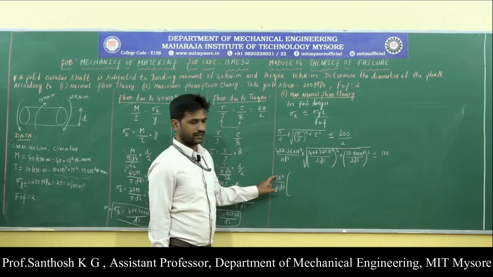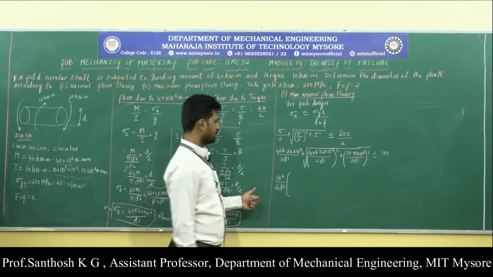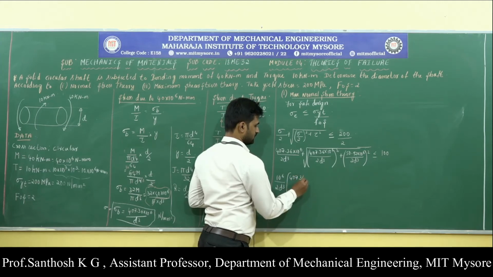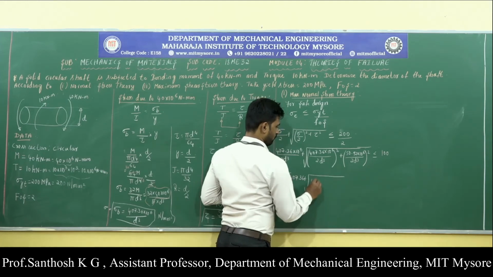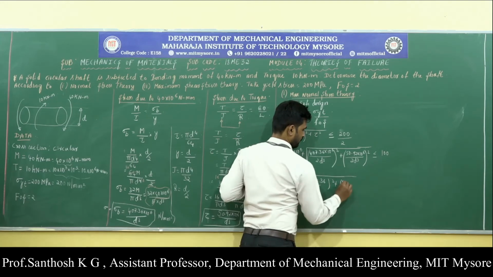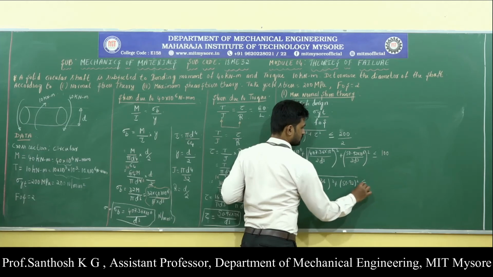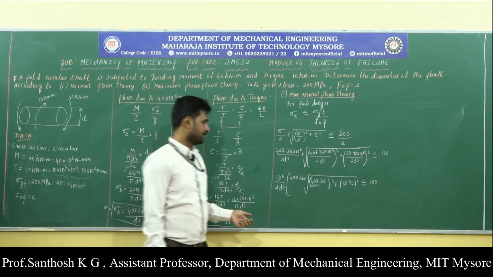So if I take 10 to the power of 6 divided by 2 times d cube outside, then I will be left with 407.36 plus square root of 407.36 whole square plus 50.92 whole square, which will be less than or equal to 100.